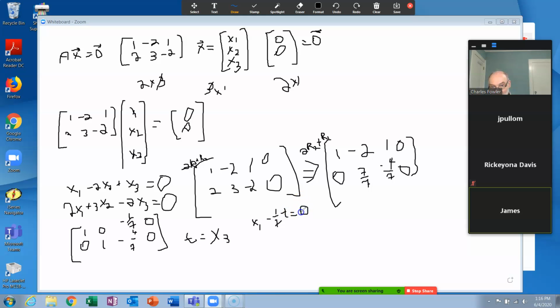All right. And the second one makes it x2 minus 4/7 t is equal to 0. And that top one basically says that x1 is equal to 1/7 t, right? Just add that to both sides.